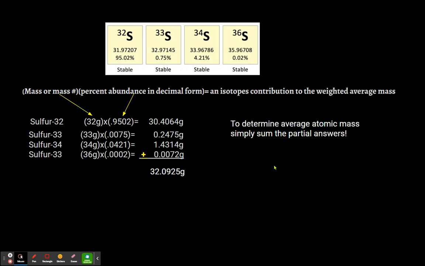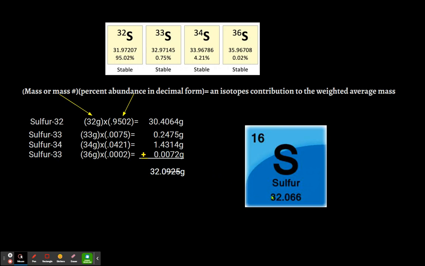Now, since I calculated using the mass number instead of the actual mass, and the mass number only had 2 digits, then I really don't want to have my answer for weighted average atomic mass extend too far past 2 digits. So my periodic table lists the weighted average atomic mass as 32.066. So in this case, I lost a little bit of accuracy, so I'm just going to ignore the 0.0925 and just call the weighted average atomic mass approximately 32.